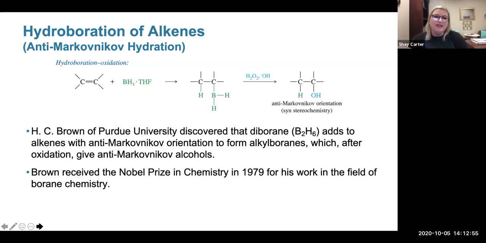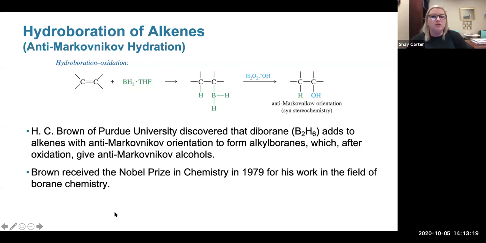So this is a little bit similar to when we use peroxides with hydrobromic acid, except we can do this with hydration reactions, okay? But we have to use what's called hydroboration oxidation, okay?